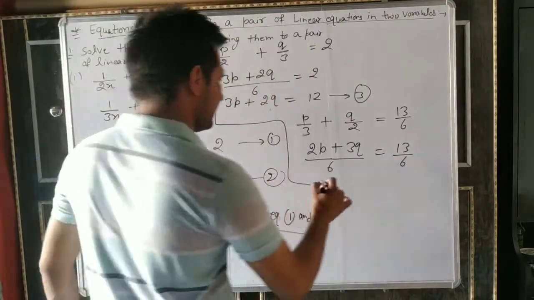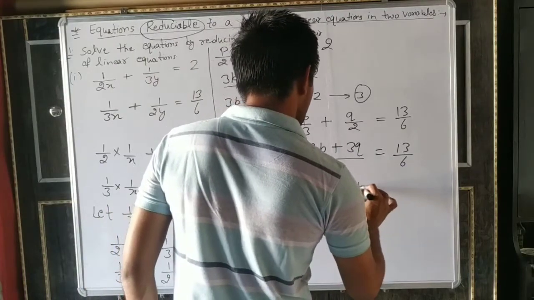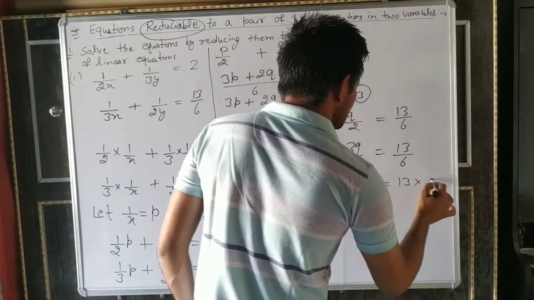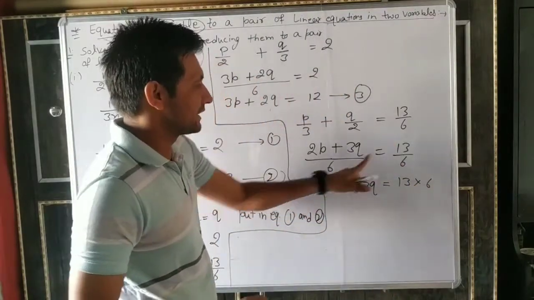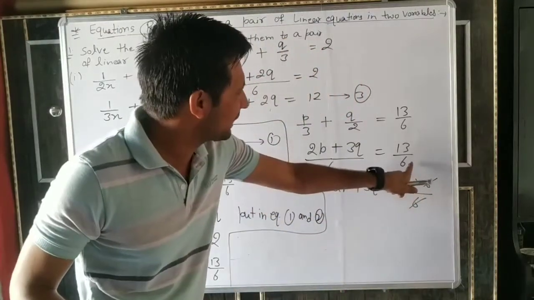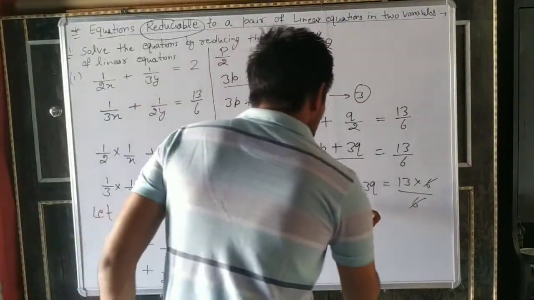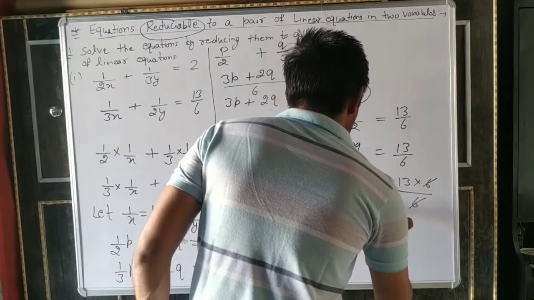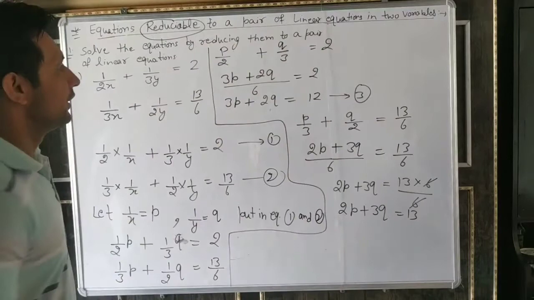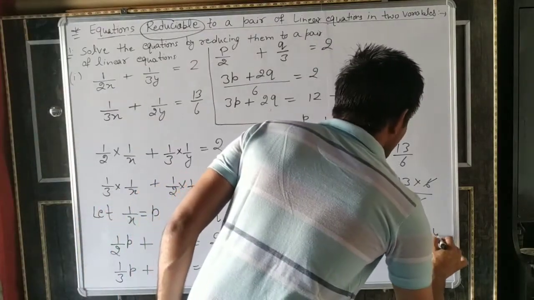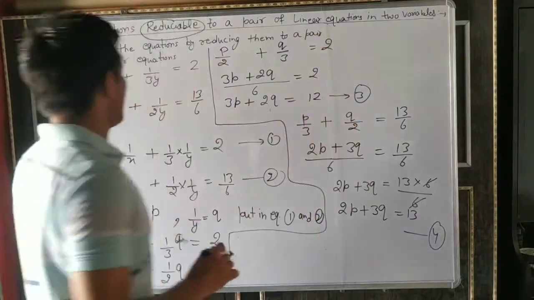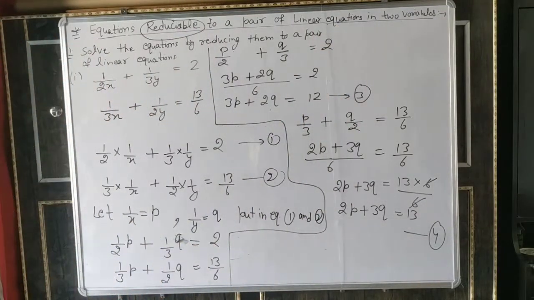Again cross multiply. 2p plus 3q equal to 13 into 6 divided by 6. So 6 cancels 6. Otherwise you can multiply 6 here also. So 2p plus 3q equal to 13. Equation number 4. So now we will use equations 3 and 4.